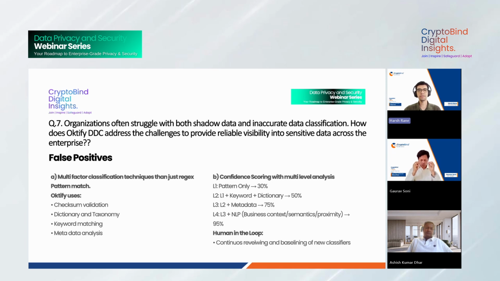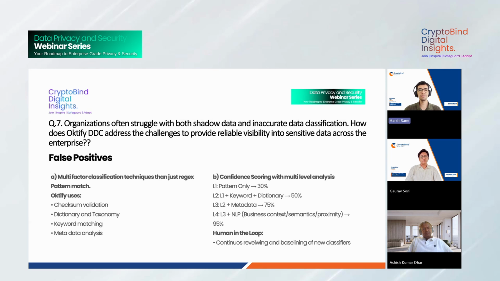So this is where I think Optify DDC really helps. Rather than relying solely on asset inventories or predefined repositories, it performs very broad discovery across structured, semi-structured, and unstructured data sources to identify where the sensitive data is actually residing. By continuously scanning the enterprise environment, organizations can uncover previously unknown data stores, duplicate copies of sensitive information, and data that has been moved beyond the business process or the required perimeters.